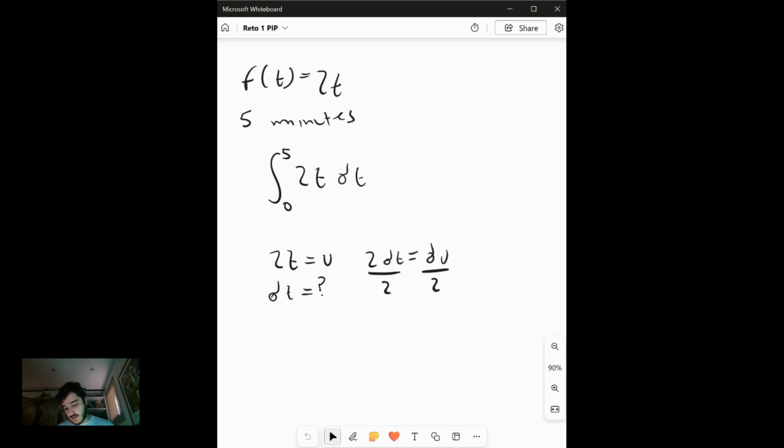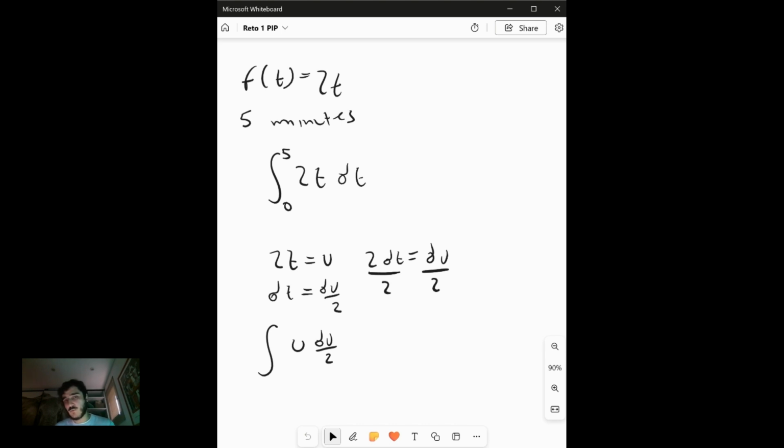So now we know that dt is equal to du over 2. And now we can plug in those values into the equation, which would give us the integral of u du over 2.